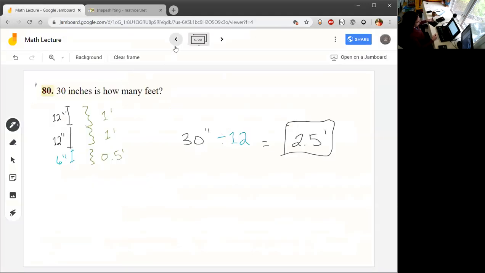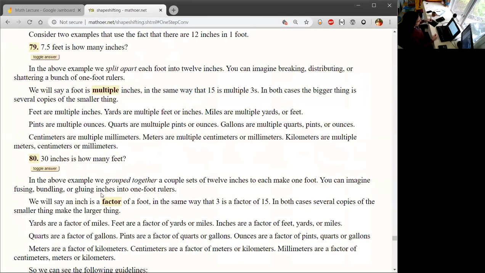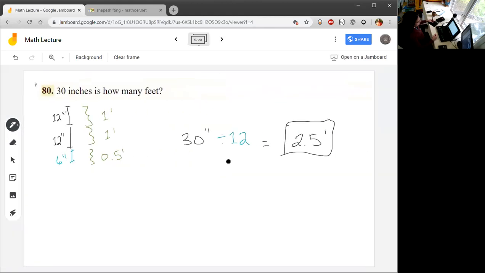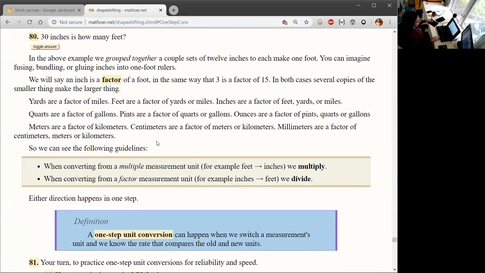So for the first one, we were multiplying. We could also say that inches are like a factor of a foot. They're little pieces of a foot in the same way that 3 is a factor of 15. So factors are about division, so I'm dividing. If that helps you, then for these very simplest type of unit conversions, when to multiply and when to divide: if you're going from something that's a multiple of a smaller amount, feet is bigger than inches, then we multiply.